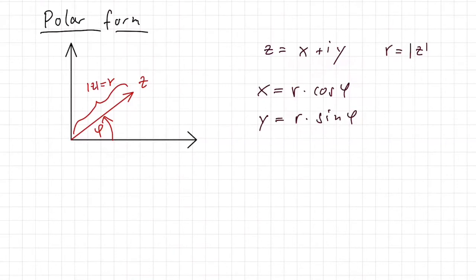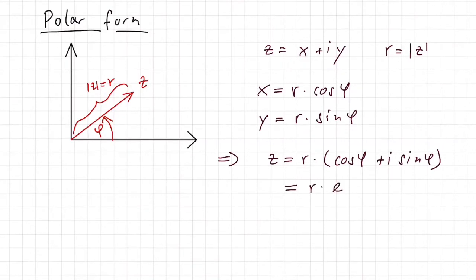And then you see that with that, we can write z equals r times cosine phi plus i sine phi. And you see that this was actually just a definition of the complex exponential if you have only an imaginary argument. So this is actually the same as r times e to the i phi.